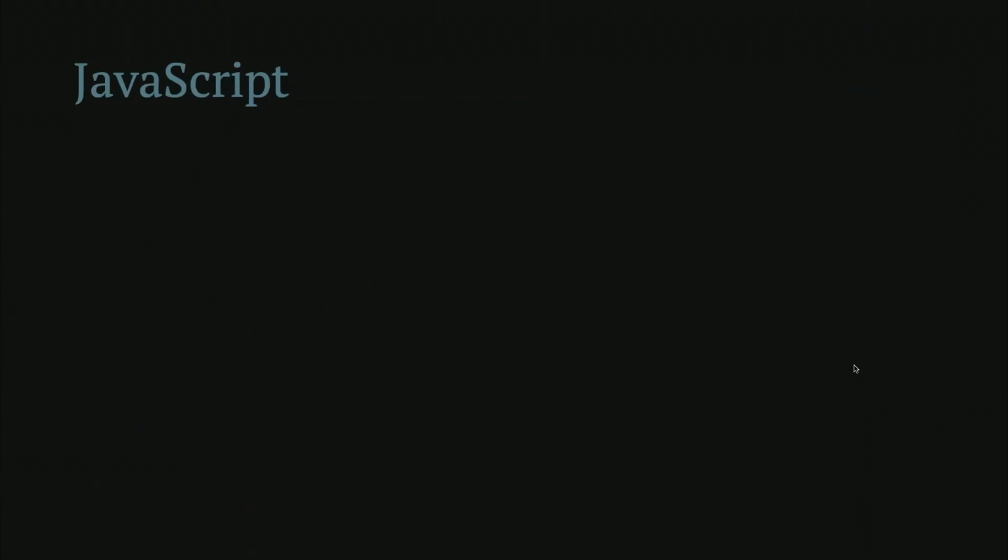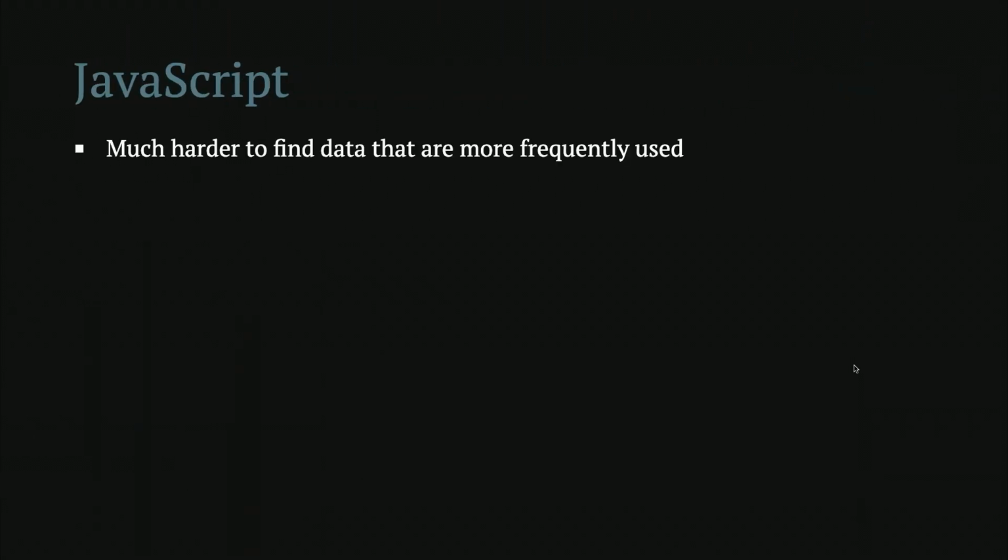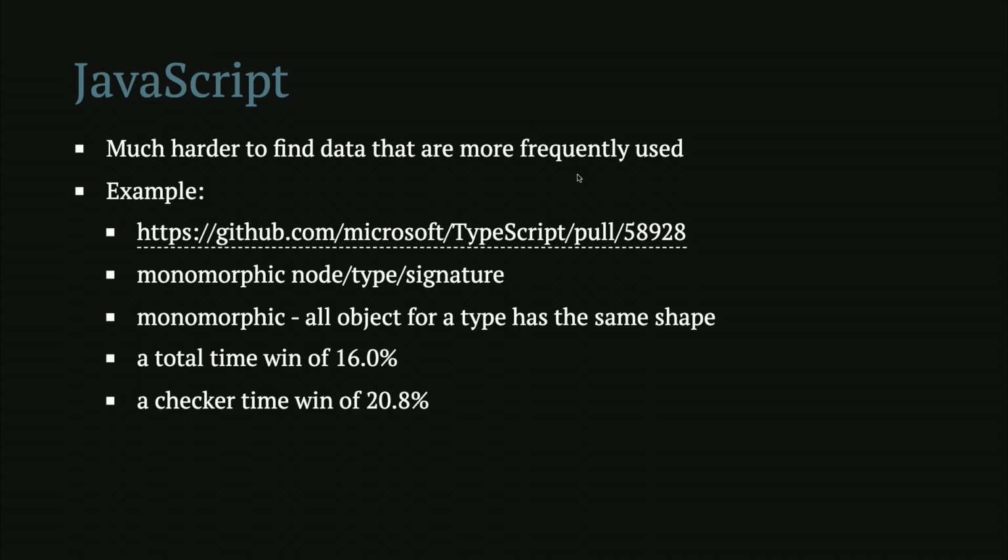For JavaScript, it's really, really hard to optimize and make it fast. It's much harder to find data that are more frequently used. For one example, in the TypeScript compiler, there's a pull request that has a really weird thing called monomorphic no type signature.